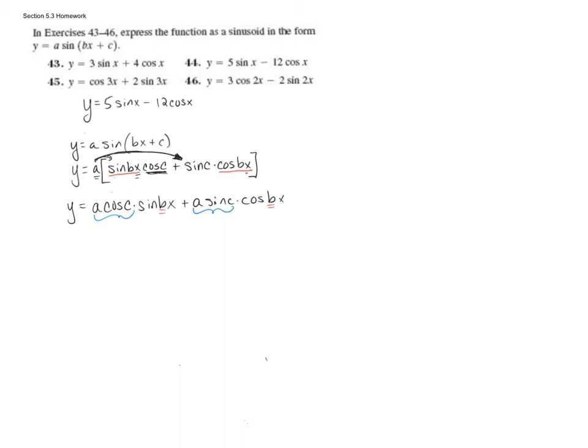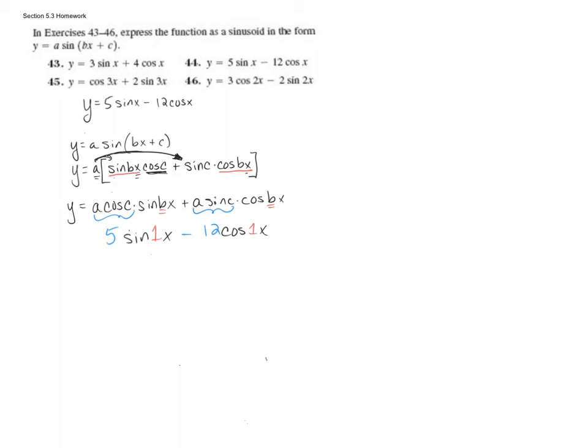And remember our template that we're shooting for, which is up here. So I'm going to consider this 5 times the sine of 1x, and that expression up at the top, again, this expression is minus 12 times the cosine of 1x.